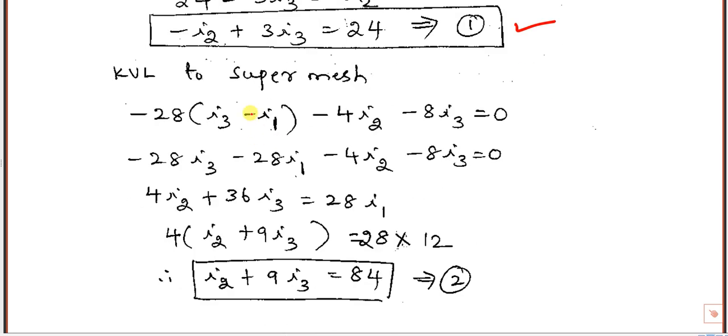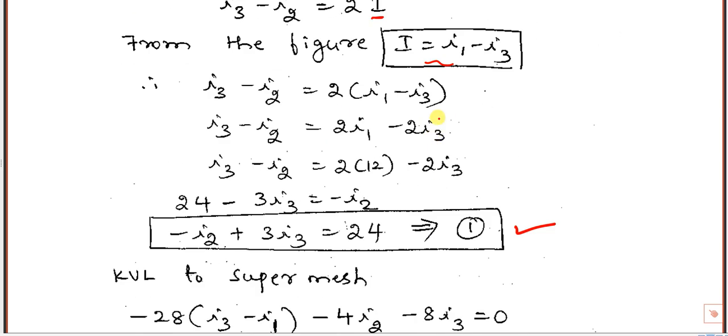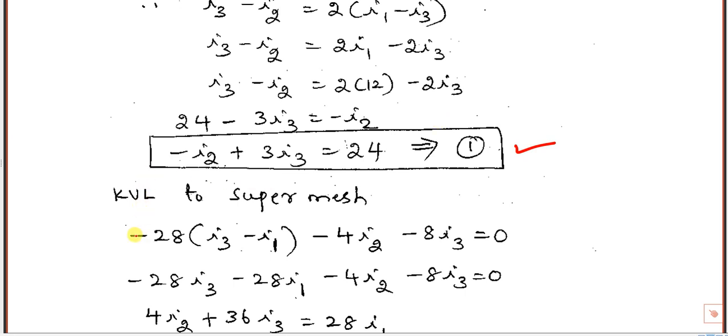Apply KVL for the super mesh. The super mesh is this. While writing KVL for this, plus minus plus minus plus minus. For this 4 ohms, you have to consider I2. For 28, you have to consider I3 minus I1. For this, you have to consider only 8. So my equation is 28 into I3 minus I1, 4 I2 only, 8 into I3 only.